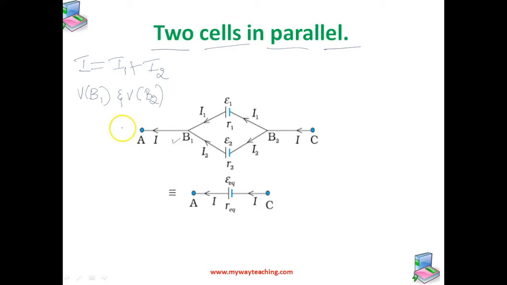Then, considering the first cell, the potential difference across its terminals is given by V of B1 minus V of B2. Then we can write V is equal to V of B1 minus V of B2.